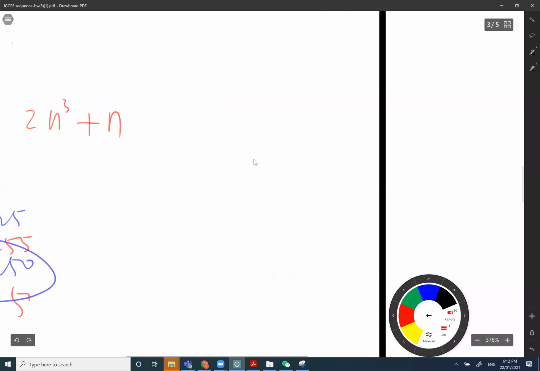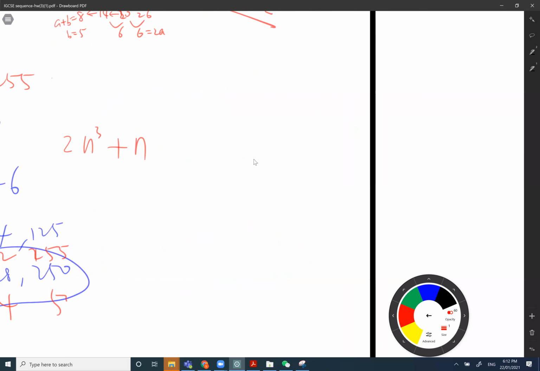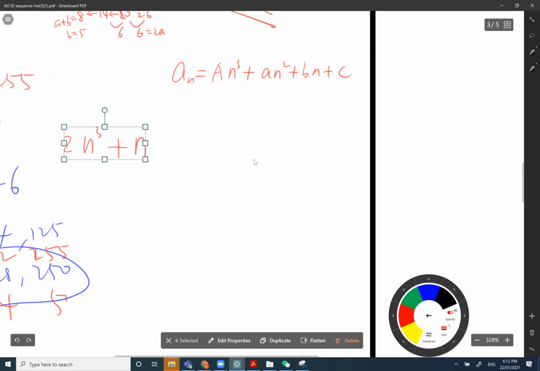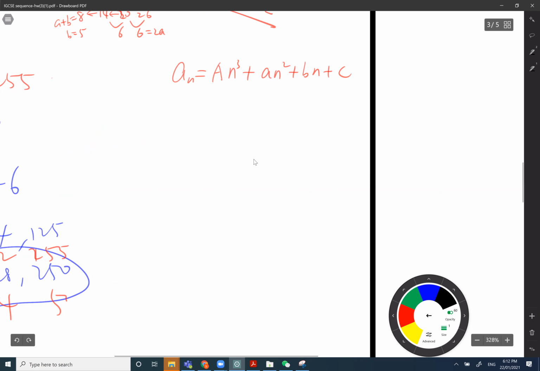Our formula is an equals an cubed plus bn squared plus cn plus d, that's our formula. Alina, if n equals 1, what do you have?